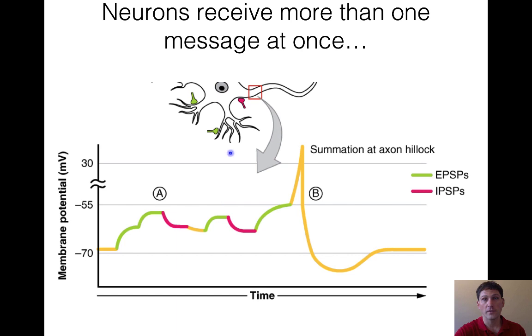That brings us closer, and then this one fires and it takes us farther away, and then we get a really big signal to send in and change the membrane potential of this cell. And so this is happening at that axon hillock. When we talk about our trigger zone, this is where we need to have our membrane reach -55.